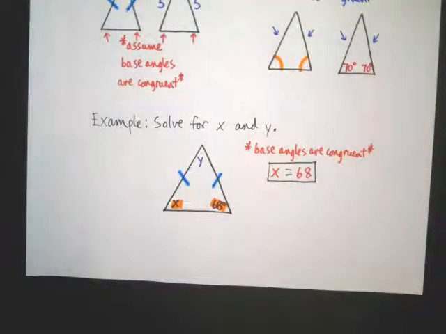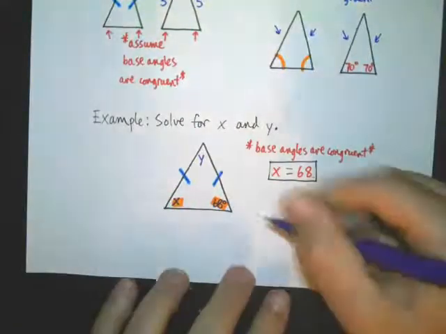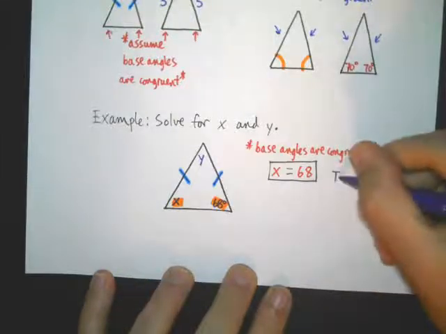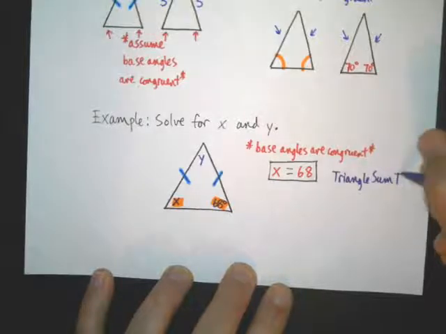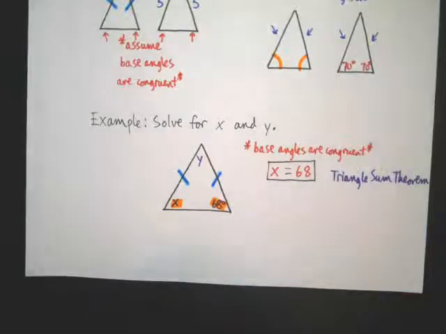All right. But now we still need to find y. We are going to use the triangle sum theorem to find y. Remember that the triangle sum theorem was what told us the three angles inside a triangle add up to 180.